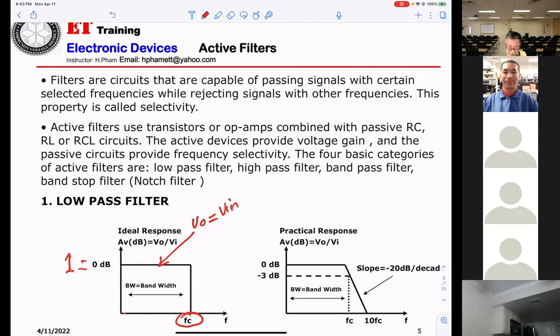That's the ideal filter. But we're not working with the ideal. We're working with a practical filter. This is the mid-range gain.